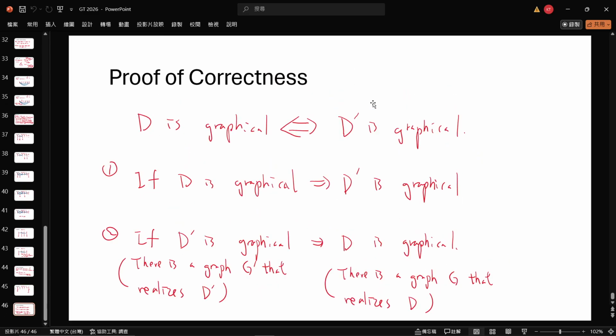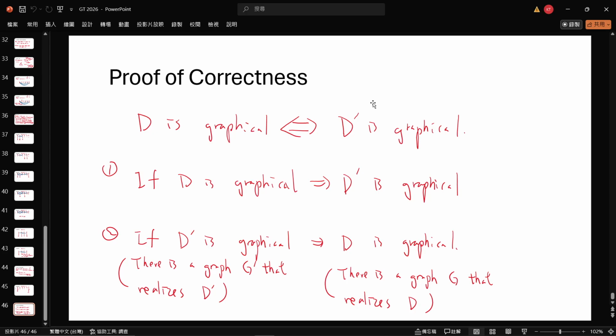Okay, so today our first goal is to show that the algorithm is correct. To do this, all we have to do is to show that whenever we reduce or simplify the degree sequence, the answer still remains the same.